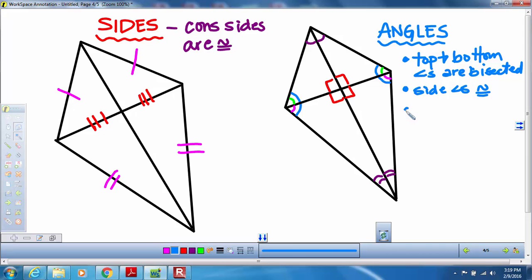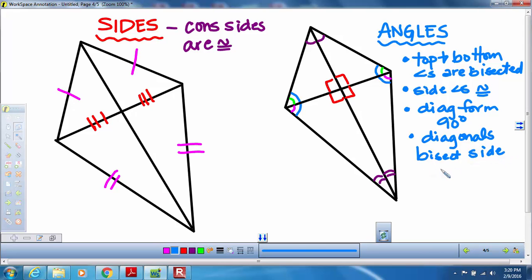We know that the diagonals form 90-degree angles. We also know that the diagonals bisect side angles.